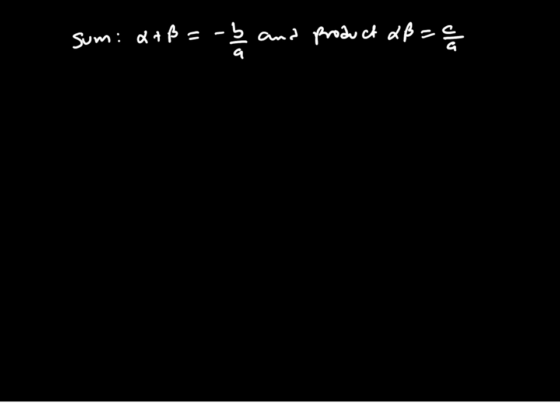So how do we make use of these two results? The sum is minus b over a, and the product is c over a. Let's look at this example. There is an example we should look at and see how we exploit these two relations and then solve problems on quadratic equations.